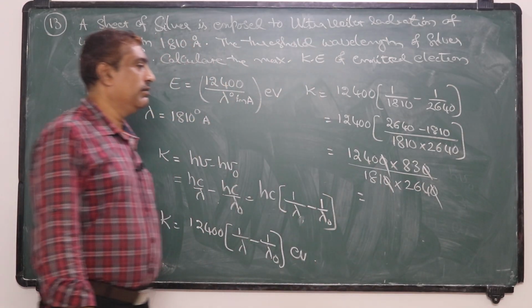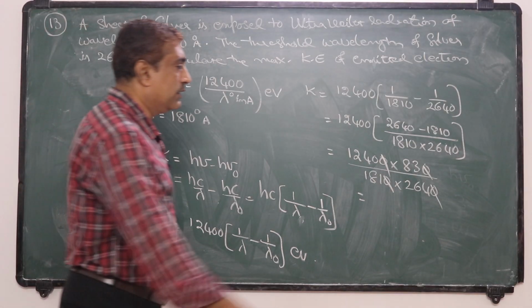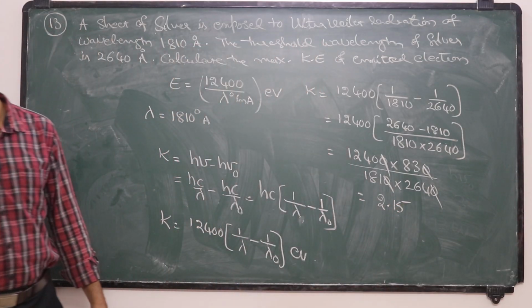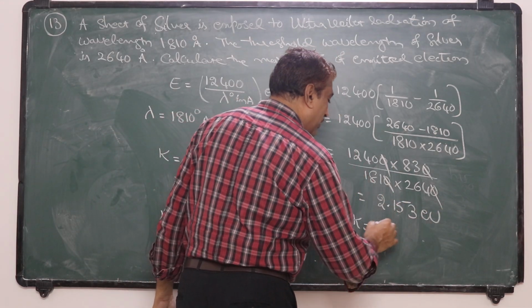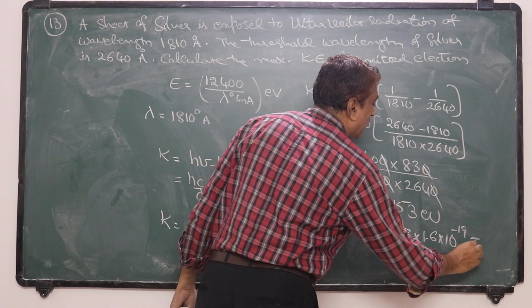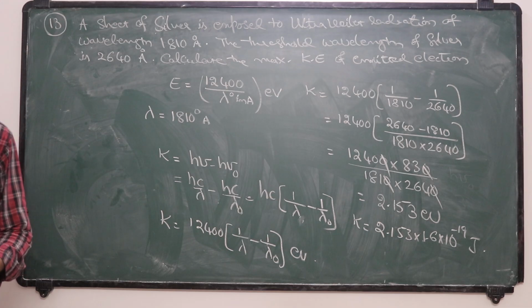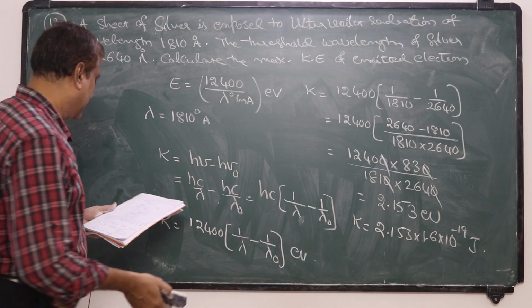Calculating this, we get 2.153 electron volt, or if you want to express it in joule, 2.153 × 1.6 × 10⁻¹⁹ joule. Now the next one, the 14th one.